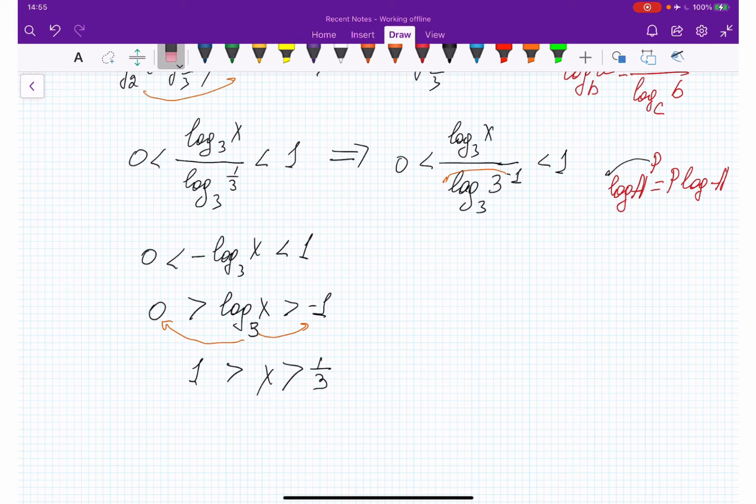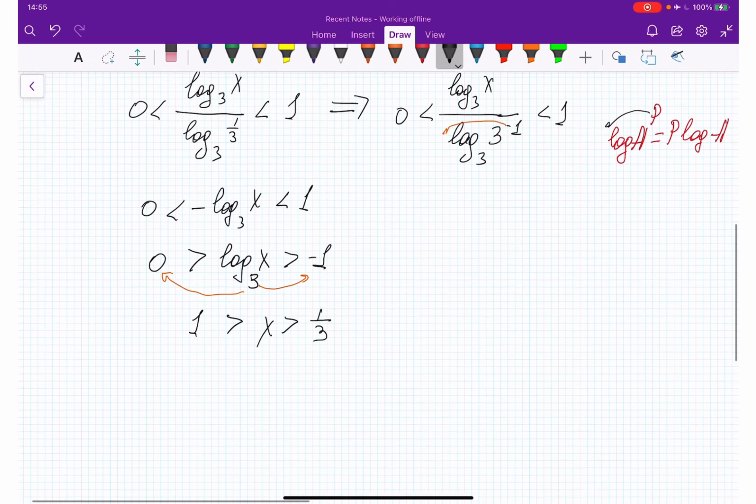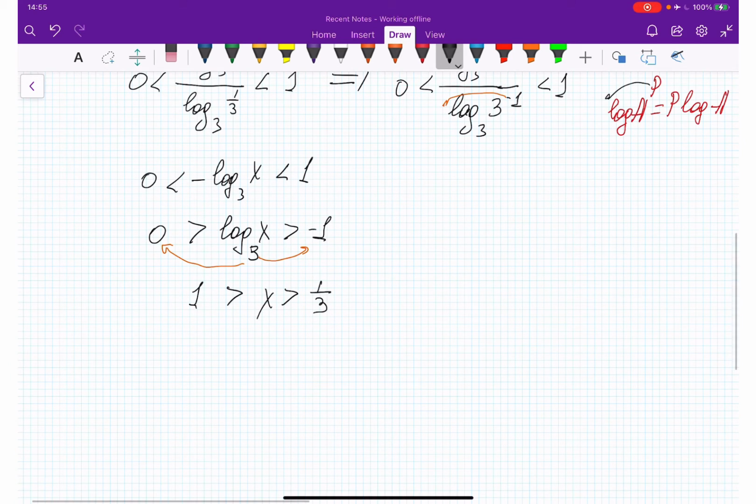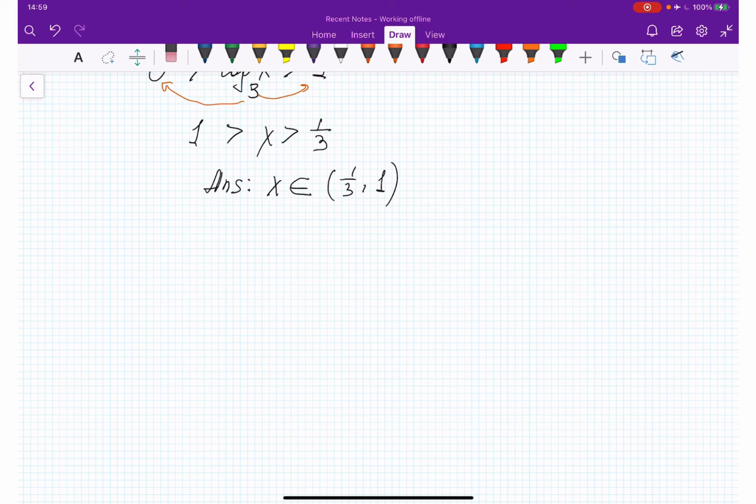So we are getting, let me write it down nicely, x is supposed to be between 1/3 and 1. X is greater than 1/3 and less than 1. So the answer is: x belongs to the interval 1/3 and 1.